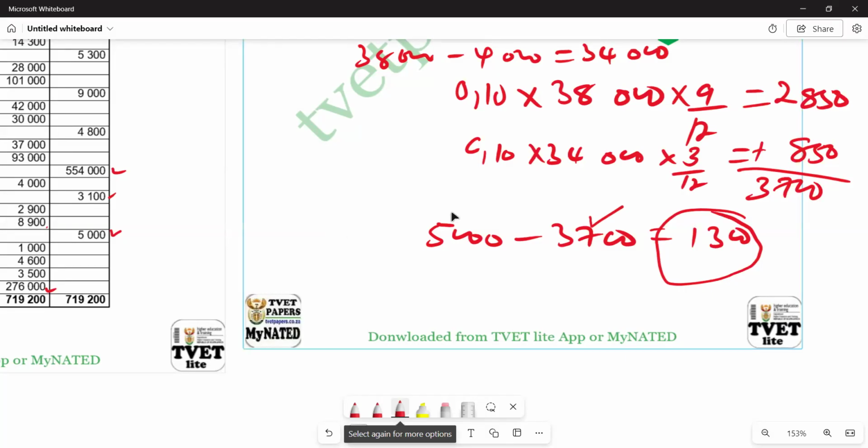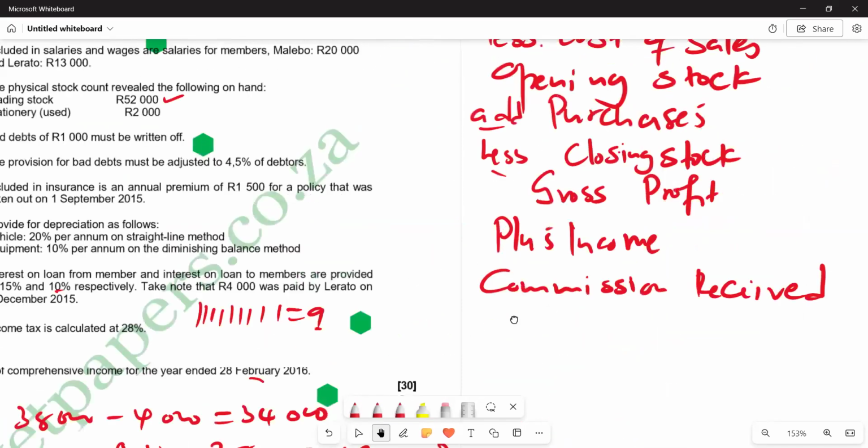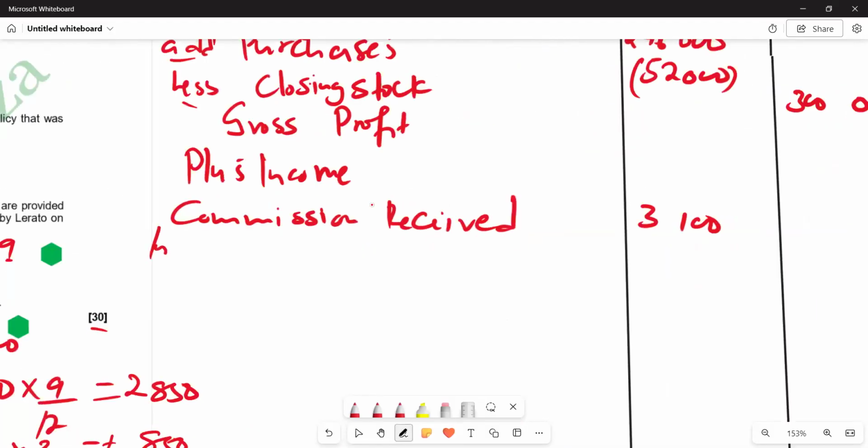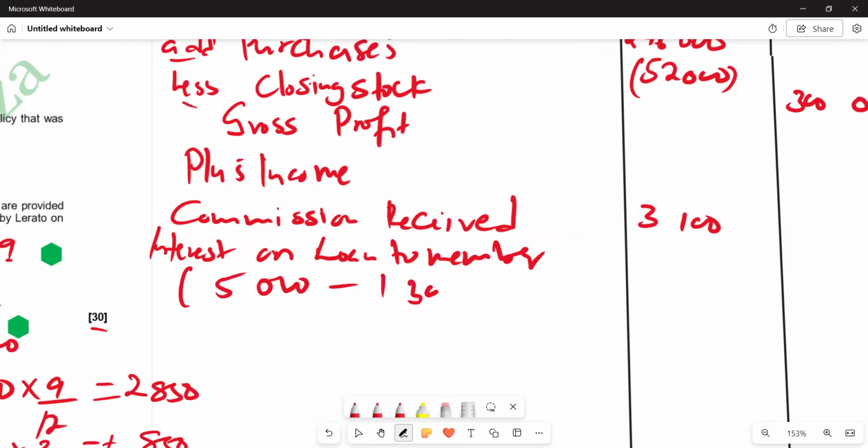So if we come here on the other section, we are saying for interest on loan to member, the working is saying 5,000 minus 1,300.